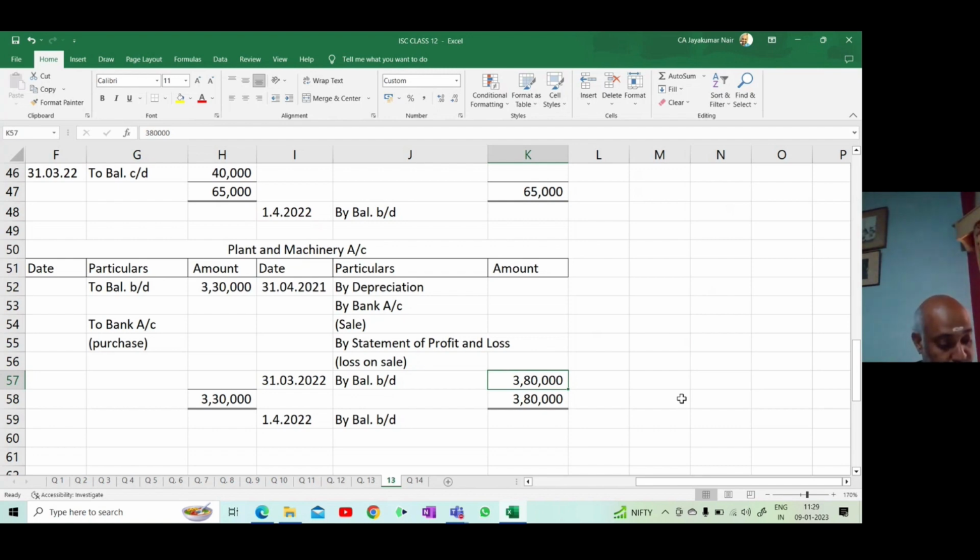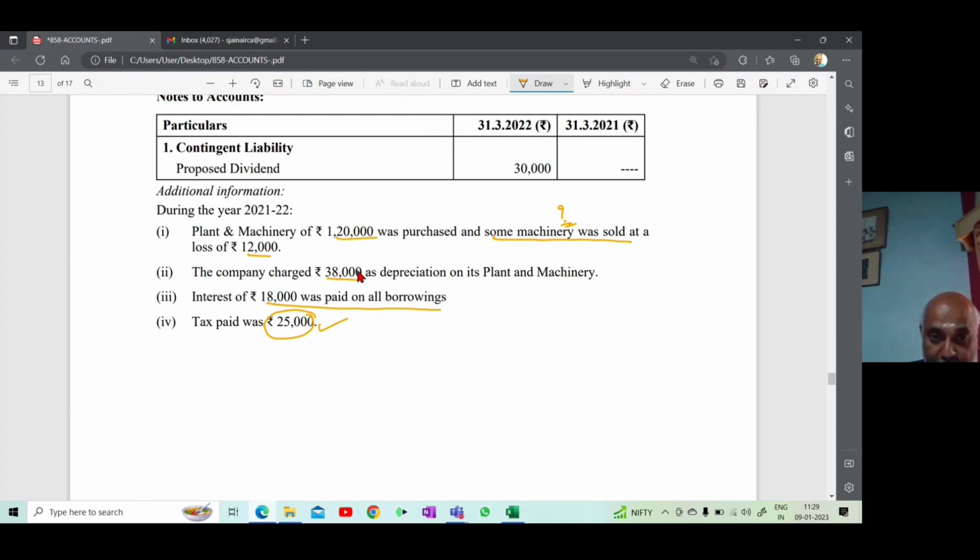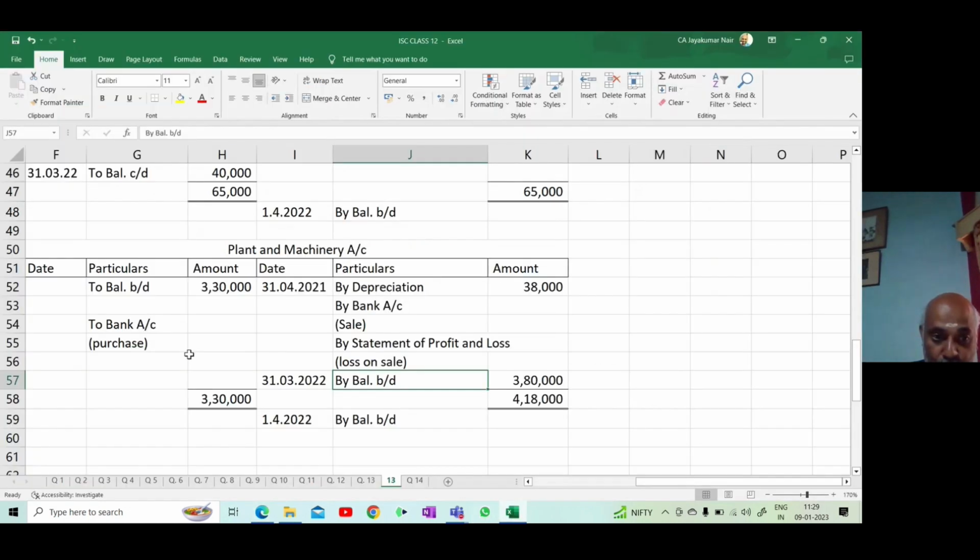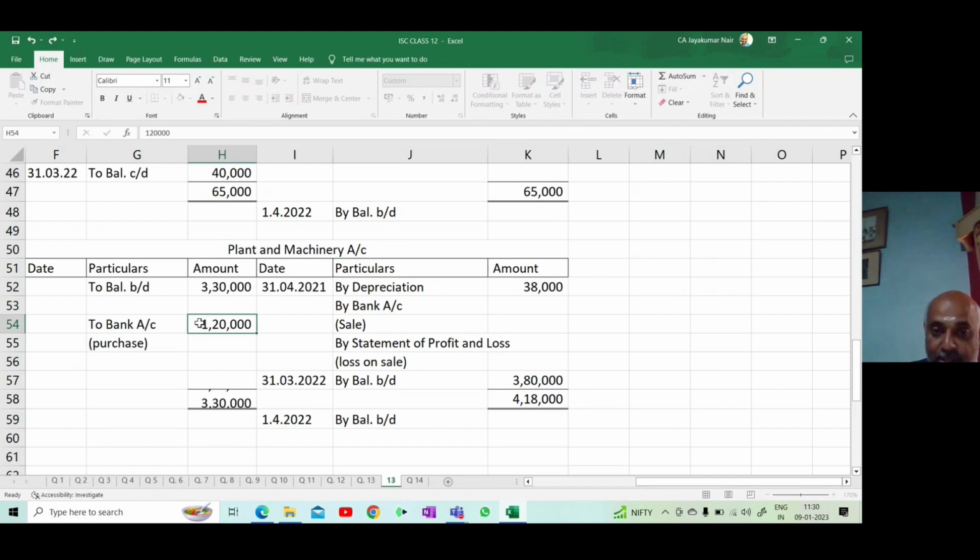Depreciation for the year is 38,000, given in the question. They have also said that you purchased plant and machinery for 1,20,000. So to bank 1,20,000. This is the purchase of plant and machinery.